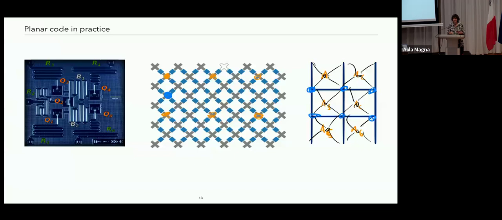What I'm saying is that in this grid, I can color my qubits so that each qubit is either a data qubit that encodes information, or an auxiliary qubit for either X or Z operators. And by only requiring close-by qubits to talk to each other, so CNOTs between close-by qubits, I can extract the syndrome and perform syndrome detection and therefore error correction.